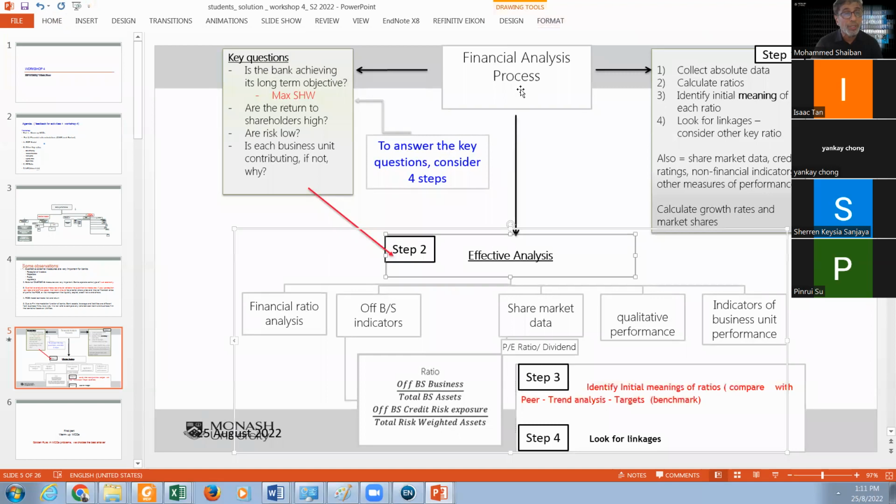So for an effective financial analysis, you should take the financial ratios, which is the ROE, the off-balance sheet indicators, the share market data, qualitative performance inside and outside, and indicators of each business unit.